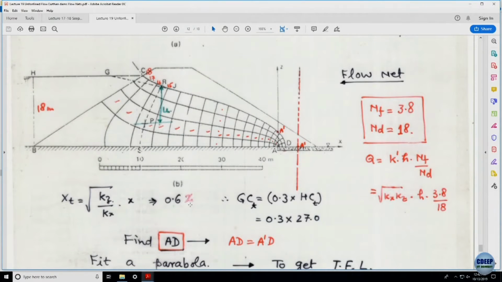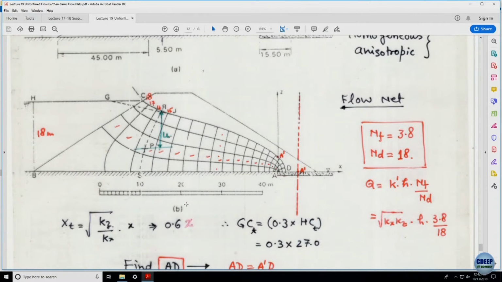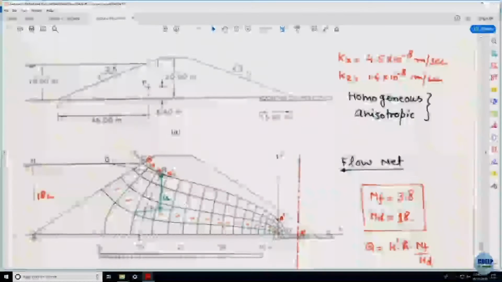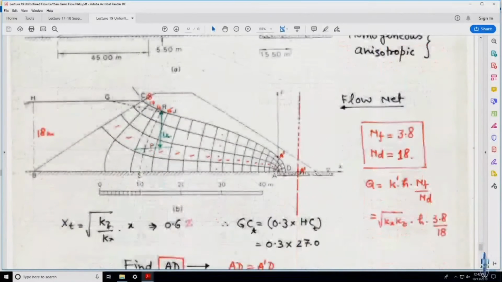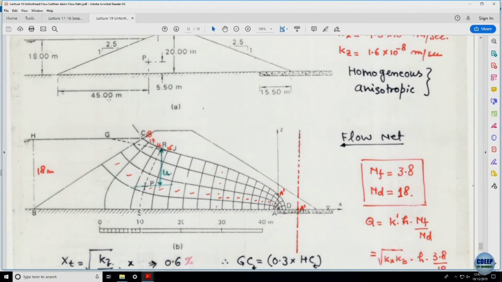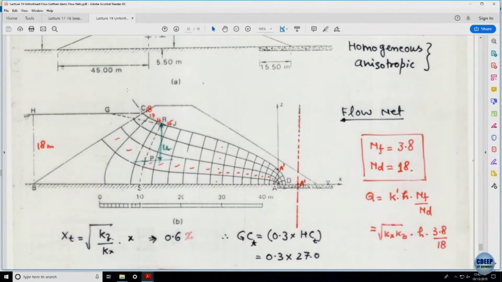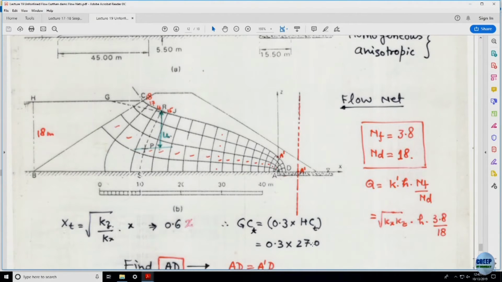All the dimensions in the x direction will get reduced, and hence you are seeing that the embankment has become steep. GCT is nothing but 0.3 times HCT. If height is 18, this is 45. 45 into 0.6 would be 27. Apply the correction again 0.3. So, this becomes 0.3 times 27.